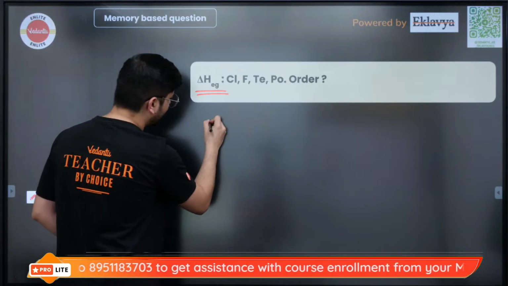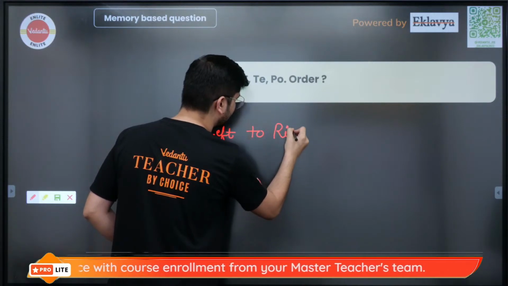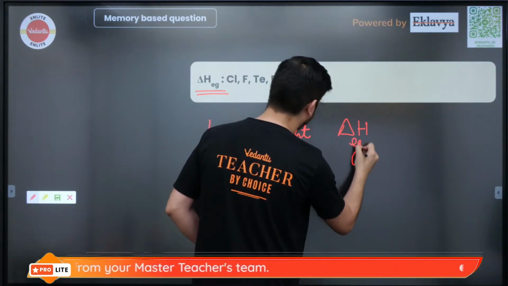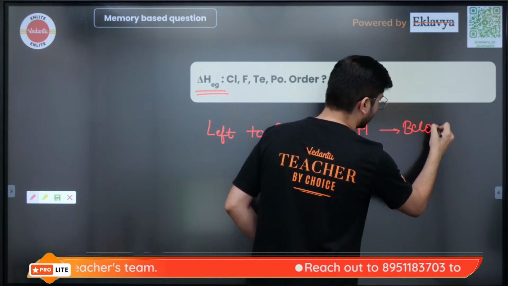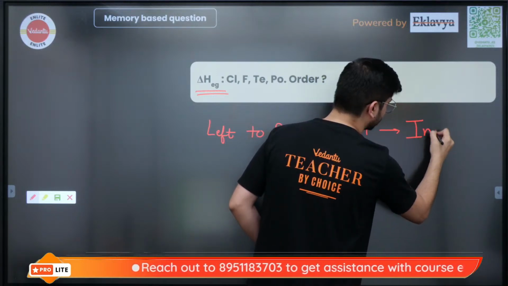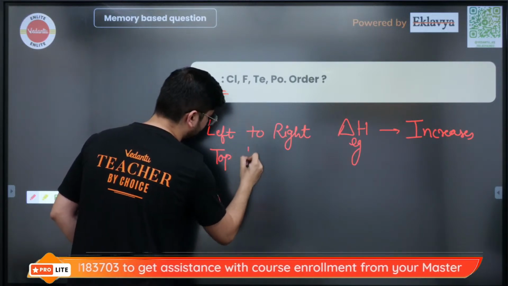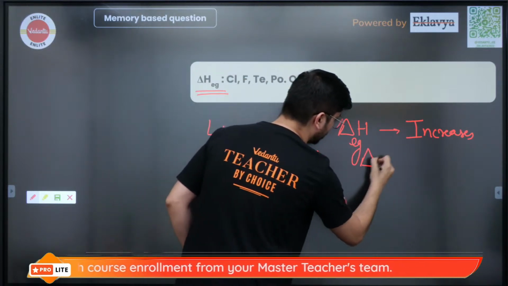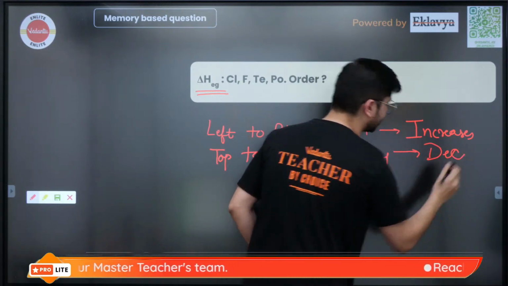So we all know in general, left to right, delta H electron gain enthalpy increases, and top to bottom, the delta H electron gain enthalpy value decreases.